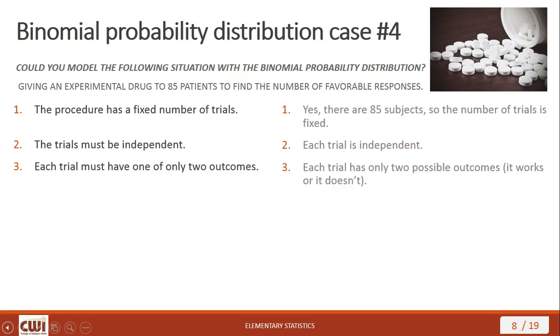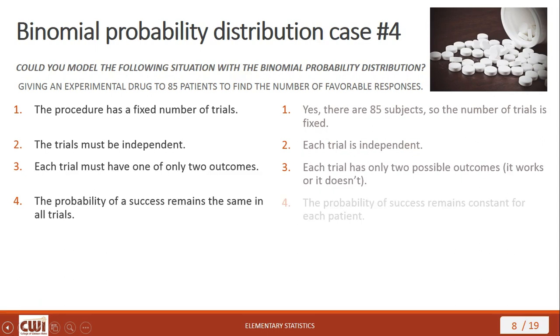What's the last requirement for the binomial probability distribution? Yes, the probability of a success remains the same in all the trials. Do we have the same probability of success for each of the different 85 trials that we're testing? Well, yes, essentially we do.